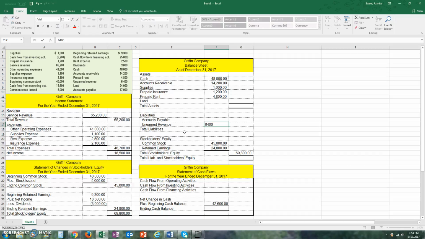This is where someone paid us in advance for the work, so we have a liability to do the work. Should we not do the work, we owe them this $6,400 back. We have land, and then we have an accounts payable here.